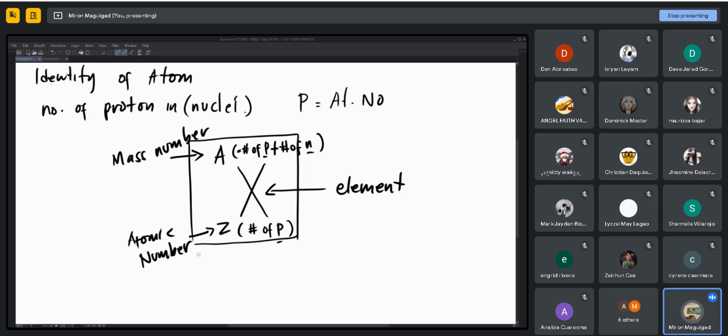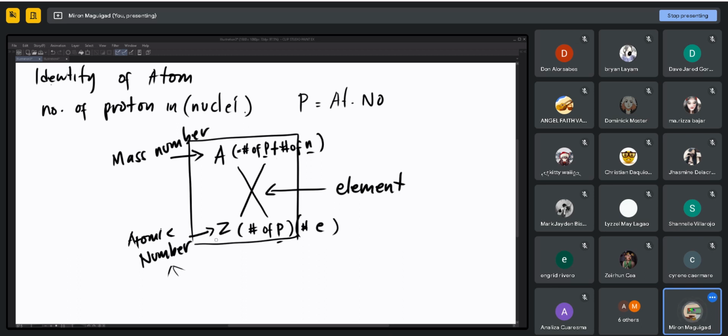And the atomic number, Z, is the number of protons. And this is the element. So the atomic number is the identity number of an element. The atomic number does not only give the number of protons, it also provides the number of electrons. So the number of protons on the atomic number is also the number of electrons.